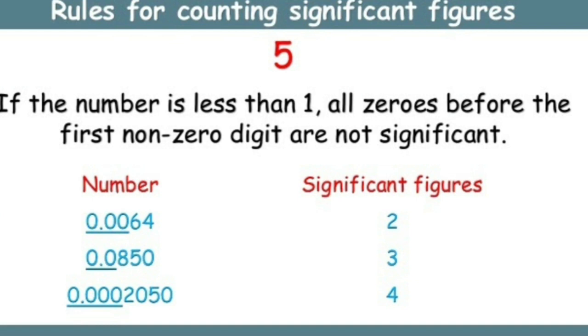Got it? In the measurement 0.0064, the number of significant figures is 2. 0.0850, the number of significant figures is 3. And in the last one also the number of significant figures is 4. So you understood: trailing zeros after a non-zero digit are significant, but zeros before the first non-zero digit are not significant.